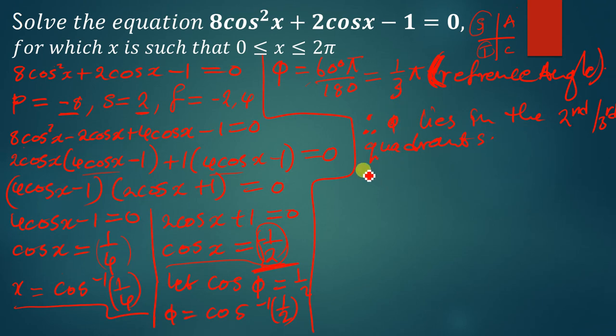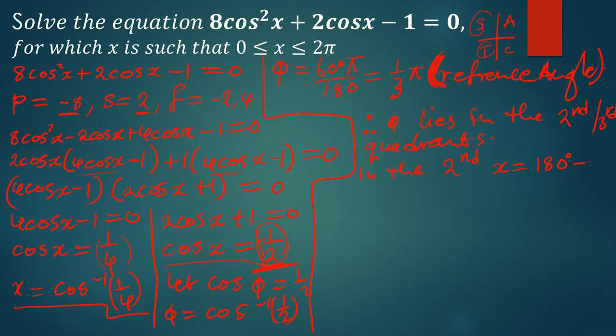In the second quadrant, we say x is equal to 180 degrees minus the reference angle.